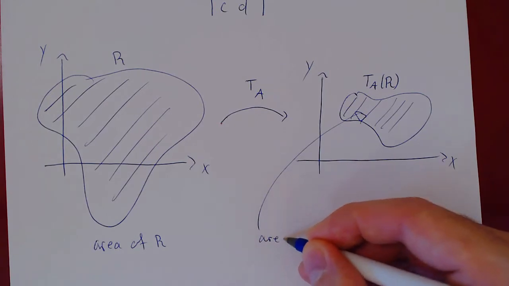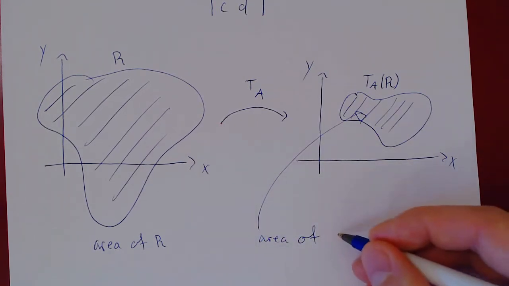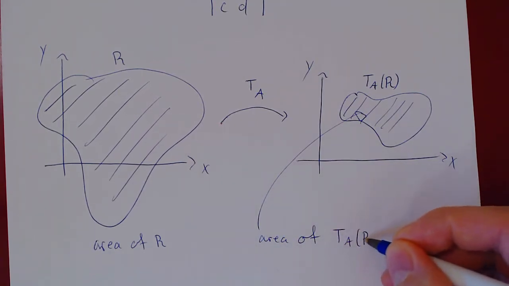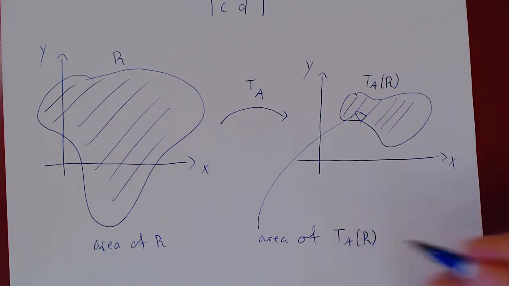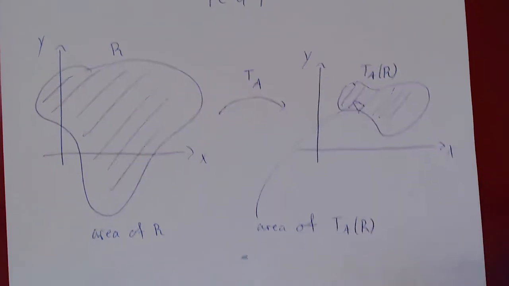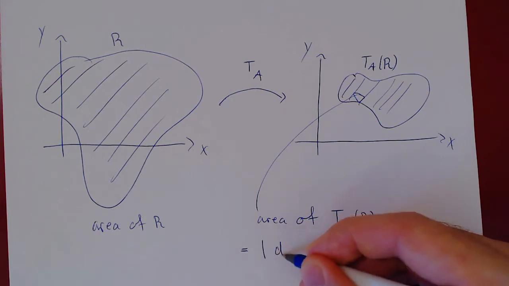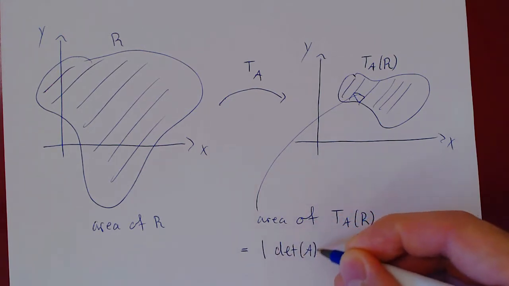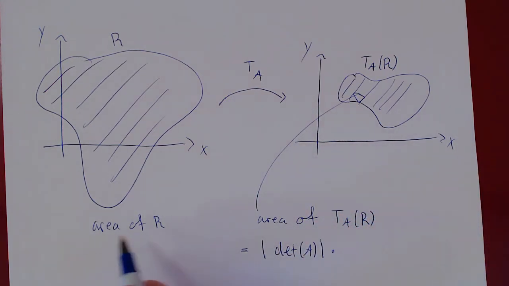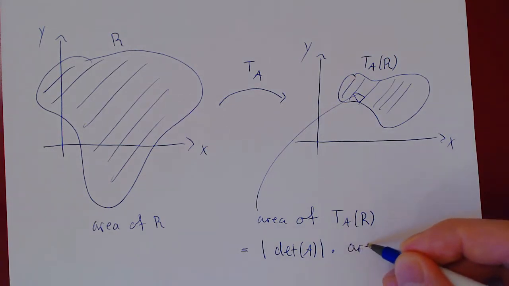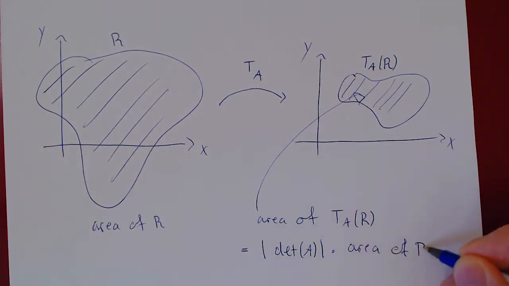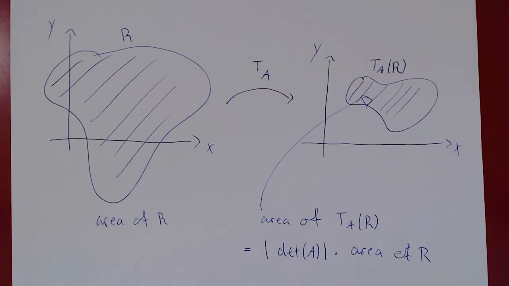The area of the image of R under multiplying every point by A is simply the absolute value of the determinant of A times the area of the original region. And that's the determinant geometrically.